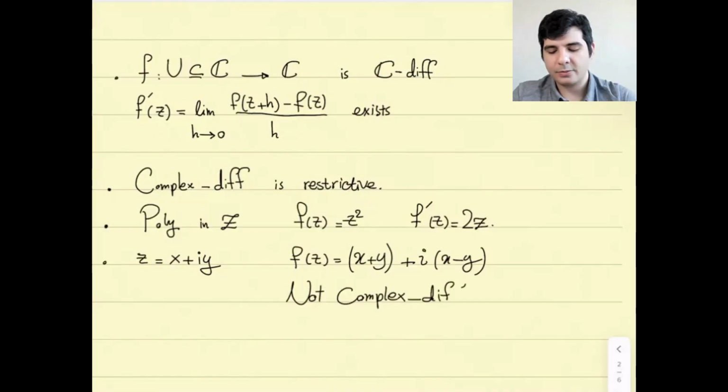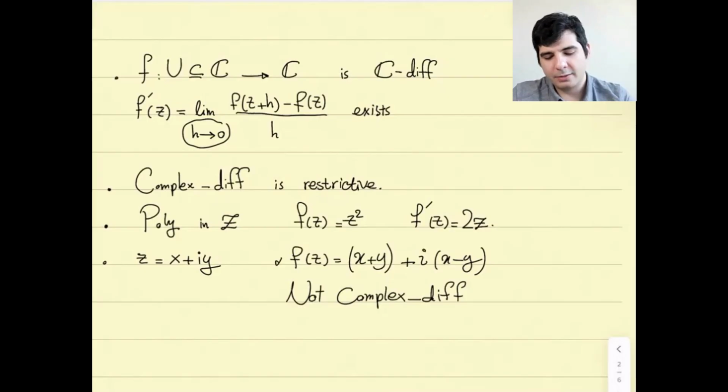We learned this has to do with the fact that here the variable h can go to 0 along any path in the complex plane. Unlike the case of real numbers, where we have a real one-dimensional line and there's essentially just one way to go to 0, well, maybe two ways, either from right or left, here our complex variable h can go to 0 along any path, and that's why it's quite non-trivial compared to the calculus intuition.